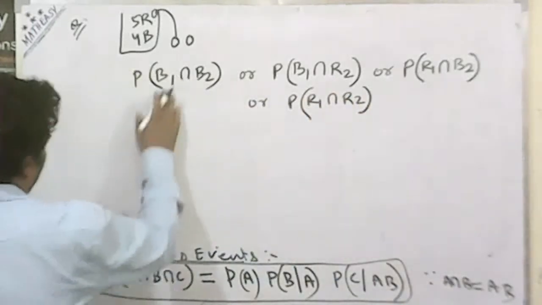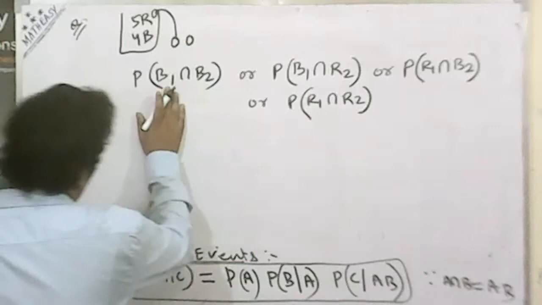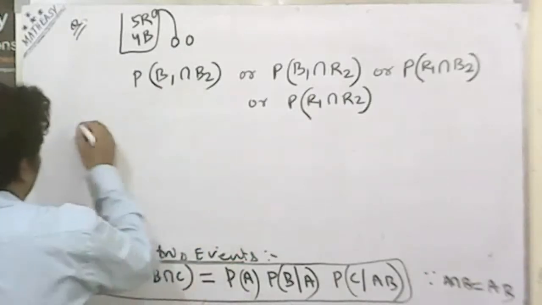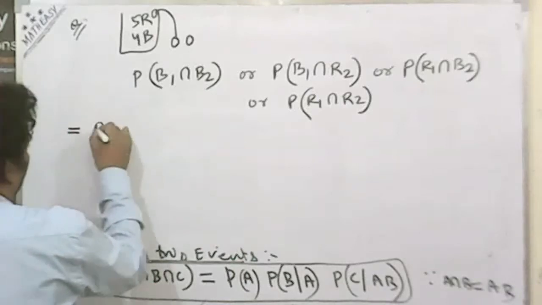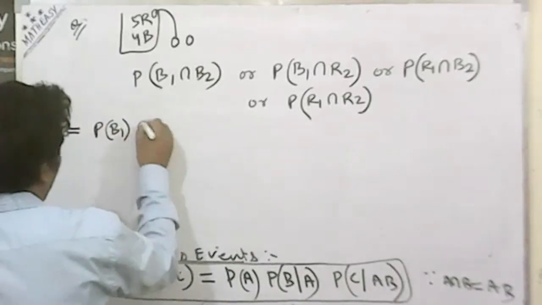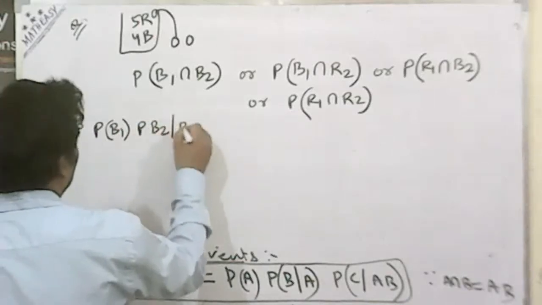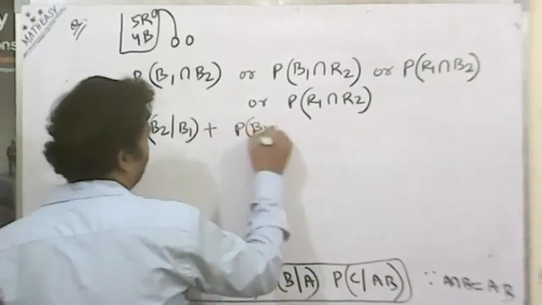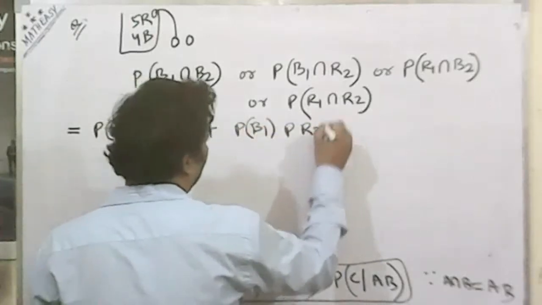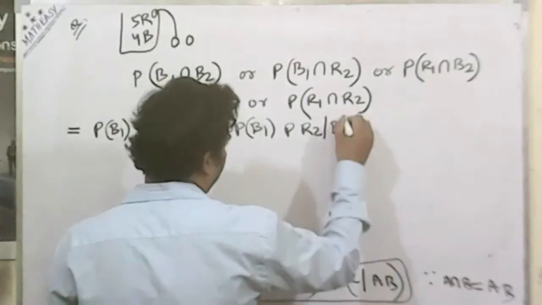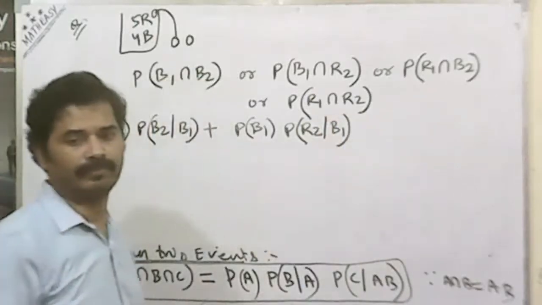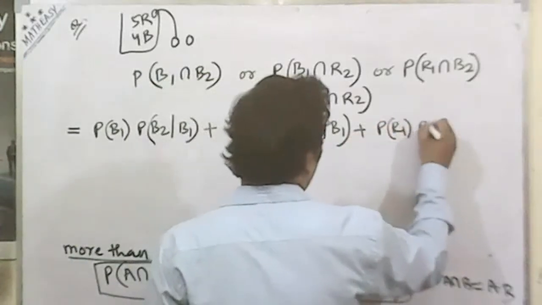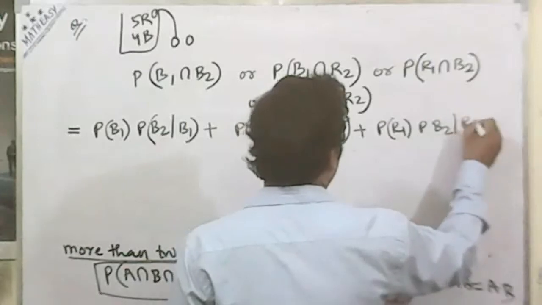It means first draw is black 1, second draw is black 2. So what is the probability here? Probability of black 1 into probability of black 2 given black 1, plus probability of black 1, then probability of red 2 given black 1. Then probability of red 1, probability of black 2 given red 1.